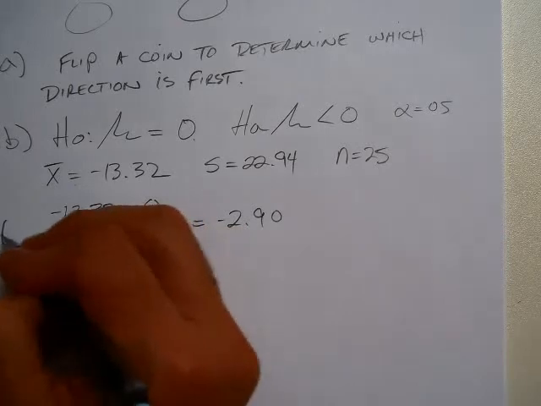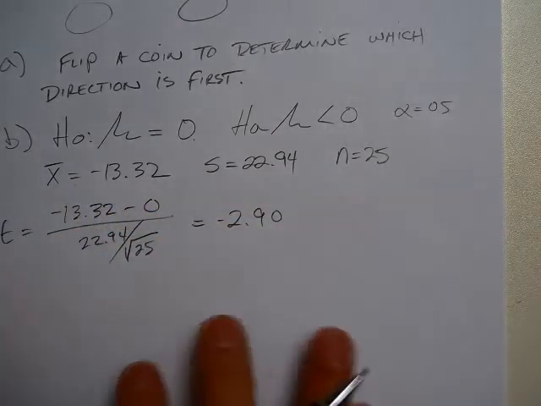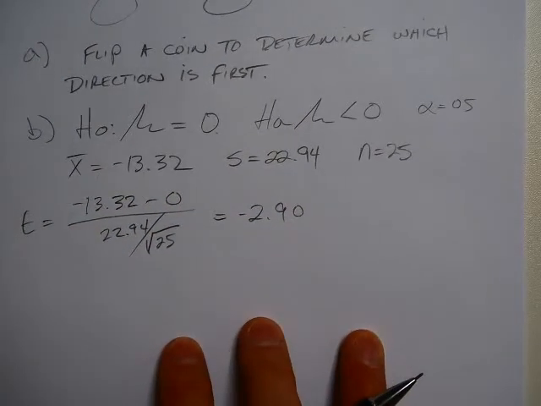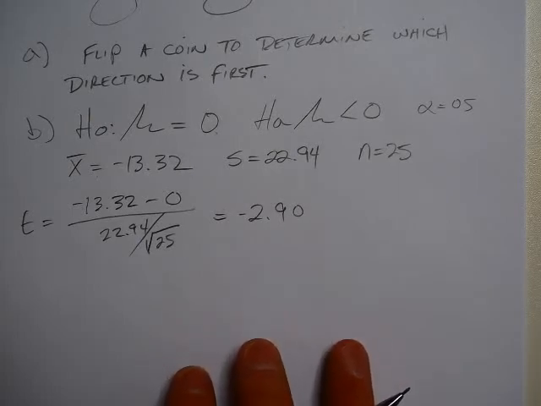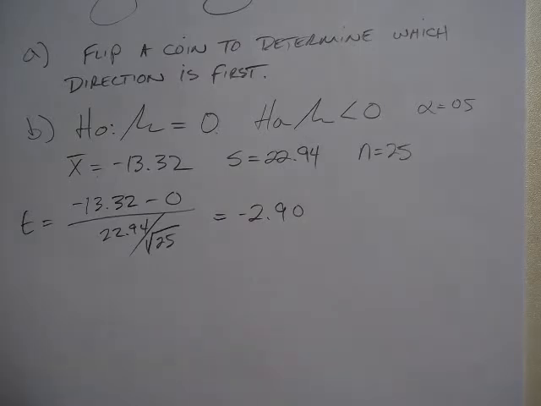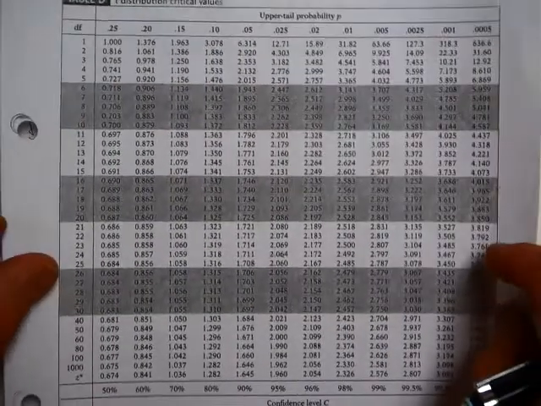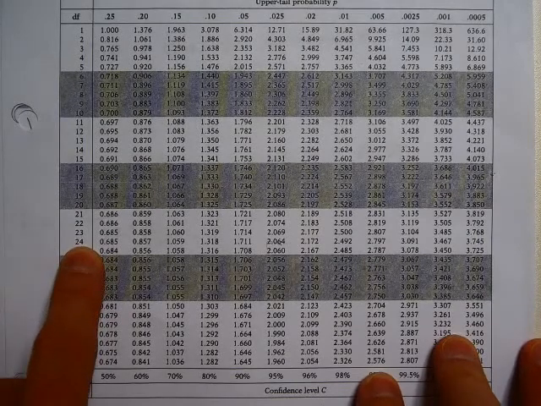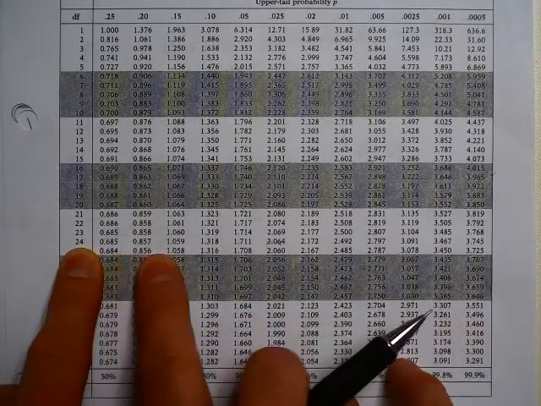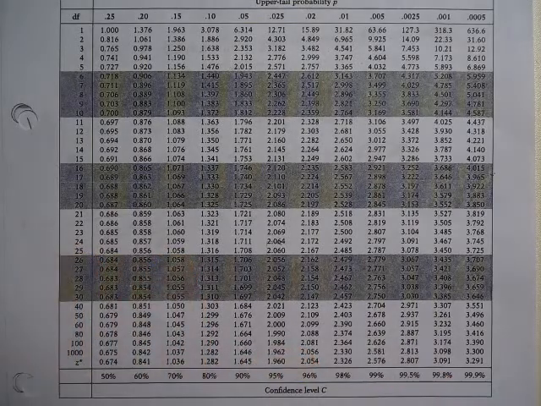And that's a t-value, because we had to calculate the standard deviation. So we go to our t-distribution critical values, pull that table out, and I'm going to look at 24, because that's the degrees of freedom for n is 25. Wait a minute, I'm not going to find any negatives.